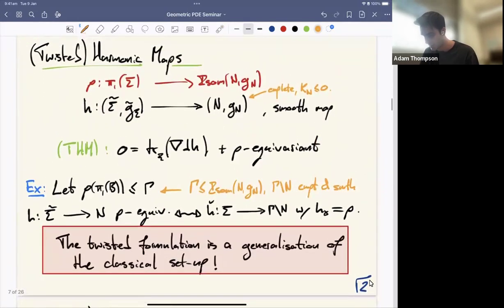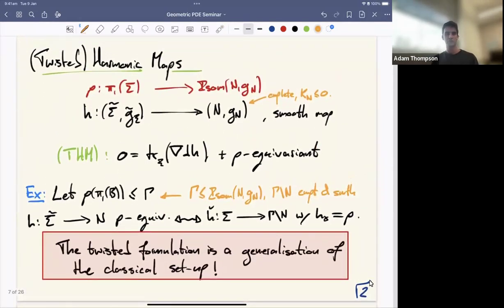Okay, and in what sense is this a generalization of the previous equation I had? Well, if rho's image lay inside some compact group of isometries, where I assume that this quotient works out nicely and is smooth, then this is actually just the same as the harmonic map equation between two compact manifolds.